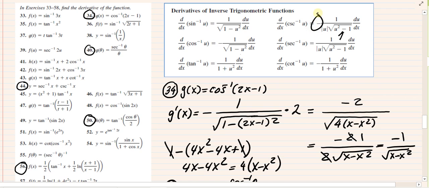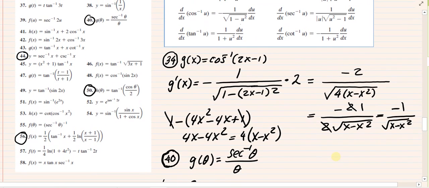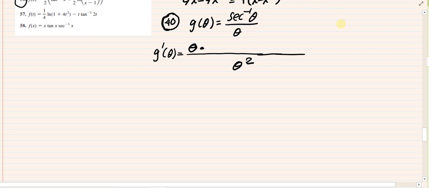Now again, look at the negative on all the co-functions. For all the co-functions, the derivative has a negative in front of it. So I'm just going to use this formula for secant. It's going to be 1 over the absolute value of u times the square root of u squared minus 1.